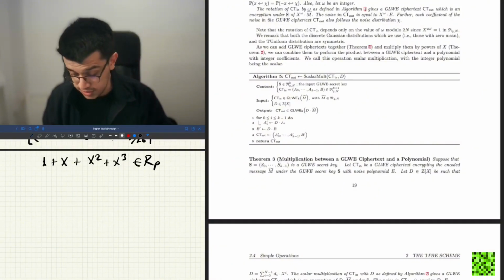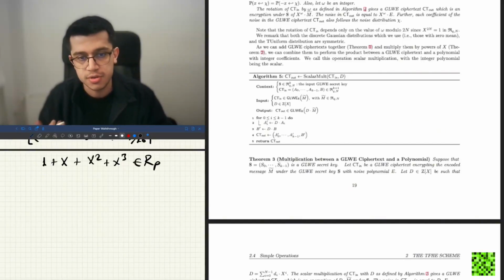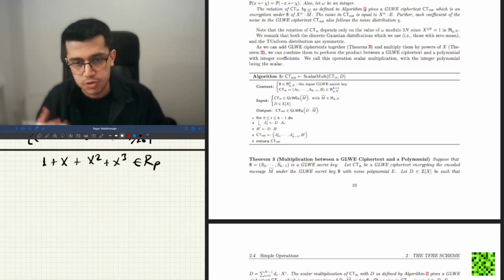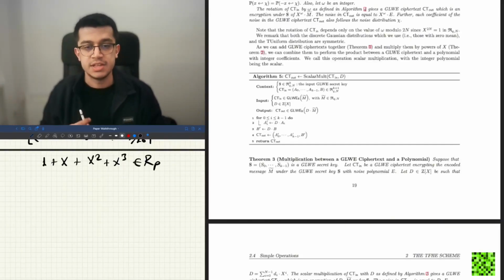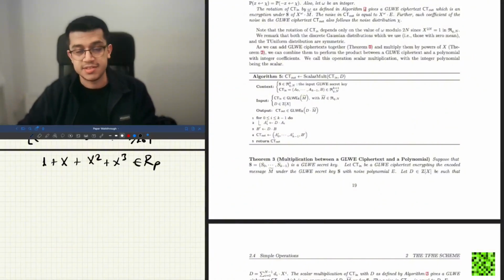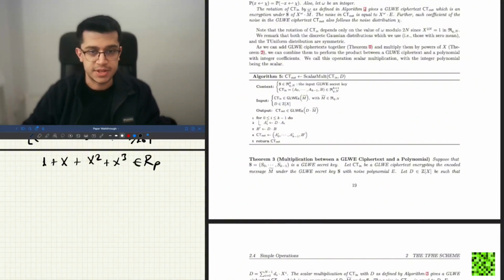All these decryptions worked because the error coefficients were all smaller than the scaling factor divided by 2. But we need to be careful that the error actually increased after the polynomial multiplication, and we need to limit this growth at some point, which we'll see in the upcoming videos.